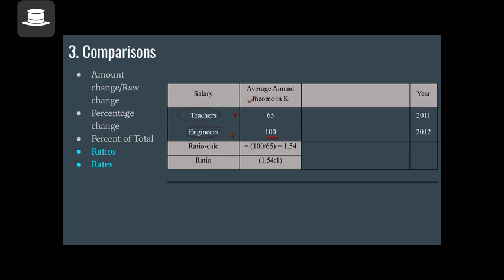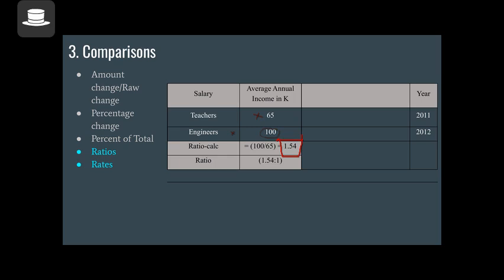Now, one way to make comparisons between these two for a given year is by ratios. You can try to see how much more engineers earn when compared to teachers, right? So you take 100 divided by 65, and it will give you 1.54.